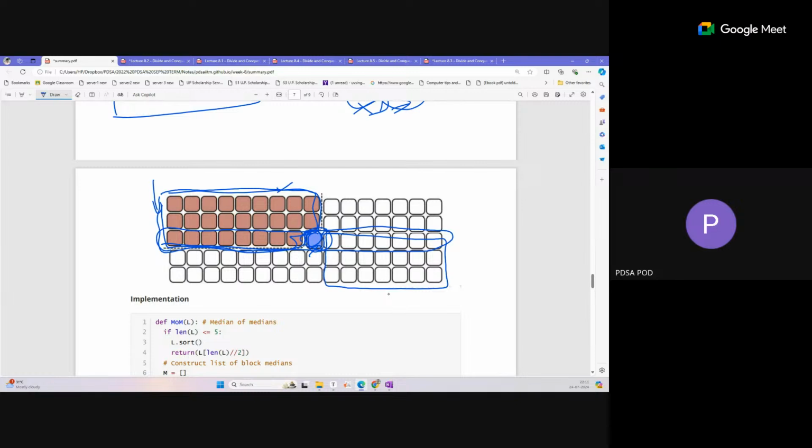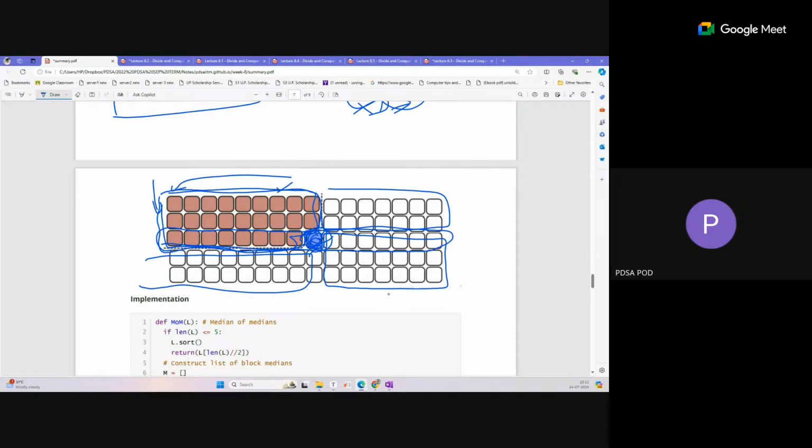We are not sure about the upper part and the lower part, but still you can see that at least about 1/3 of the elements are smaller than this. So this blue element will not come to the corner at any time.